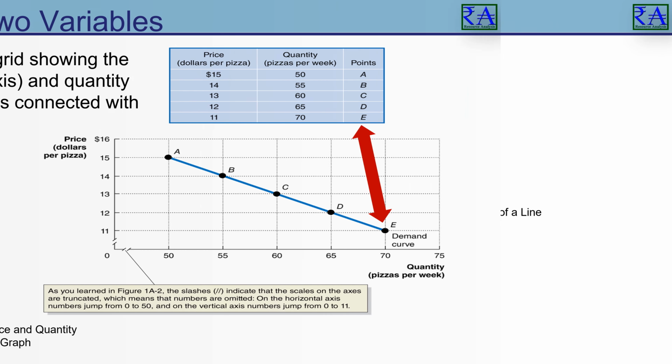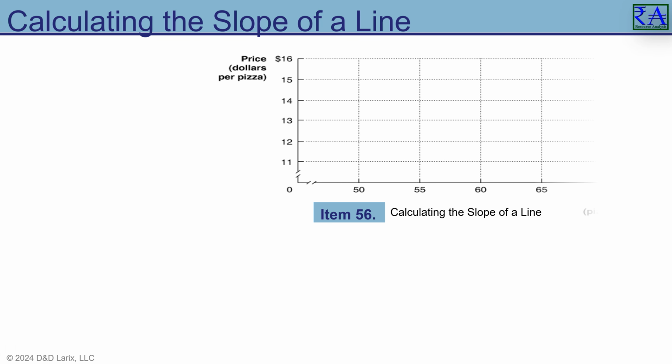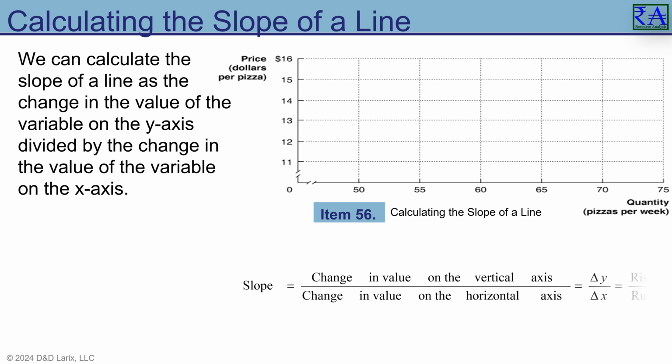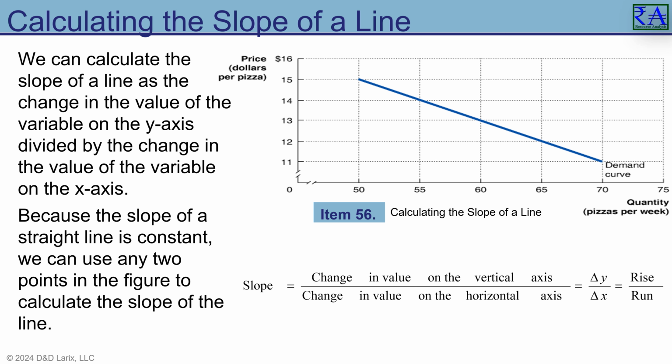We can calculate the slope of a line as the change in the value of a variable on the y-axis divided by the change in the variable on the x-axis. This is often referred to as the rise over run because the slope of a straight line is constant. We can use any 2 points in the figure to calculate the slope of a line.